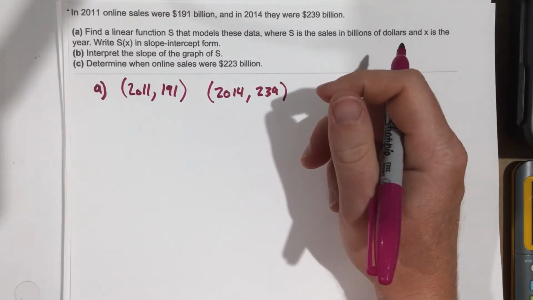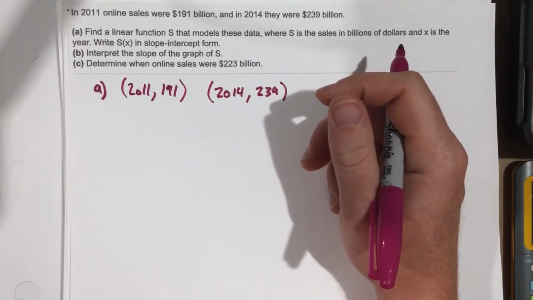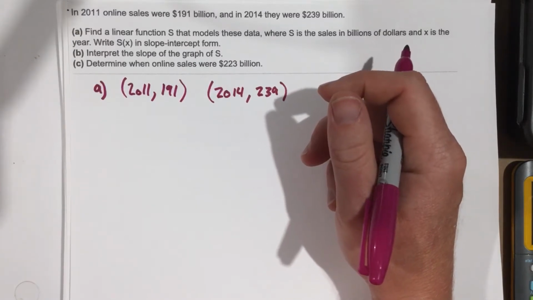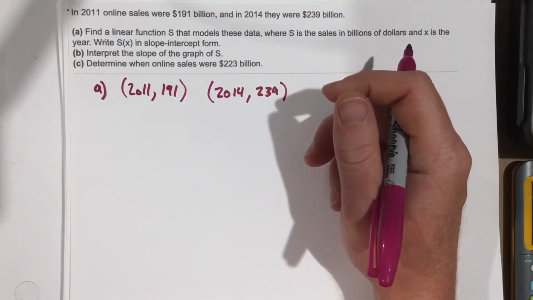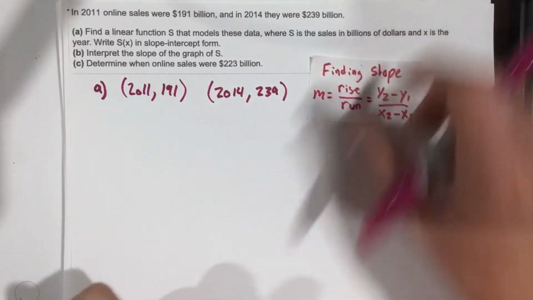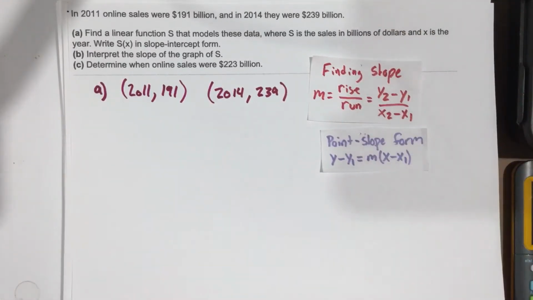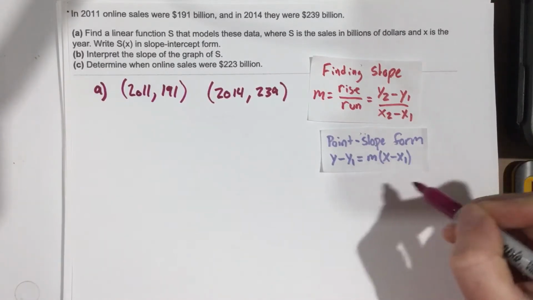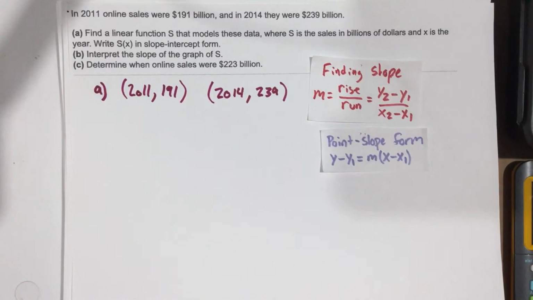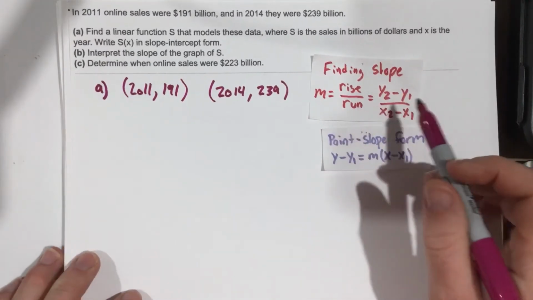So if we use what we remember from section 2.1, which is how to find slope first, and then we're going to use point-slope form to find the slope-intercept form. We're going to put it in y equals mx plus b form. So let's go ahead and find the slope first.